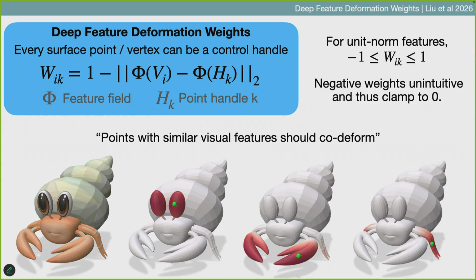And it turns out they actually work surprisingly well. I was surprised at least. If you visualize the weights for corresponding point handles on this hermit crab shape, for example, you can see that essentially what these weights are doing is a soft semantic segmentation of your shape corresponding to your point selection.